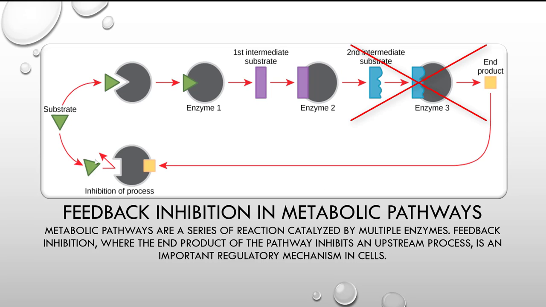And then, maybe if we run out of substrate or we need more of the end product, we can release the inhibitor and start again. Okay. So we have these mechanisms to activate the enzyme and so forth.